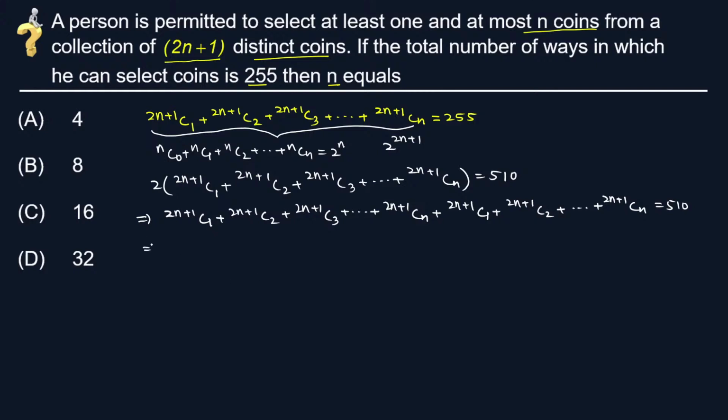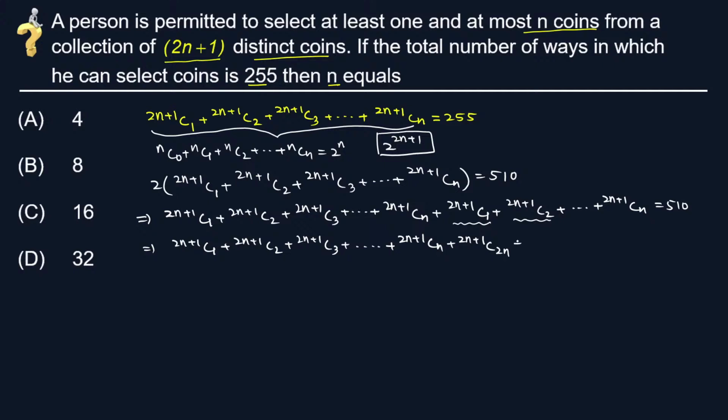Now, what I'm trying to do here is, let these terms stay as they are. So from here we are having this, and now look at it carefully. 2n plus 1 C1 can be written as 2n plus 1 C2n.